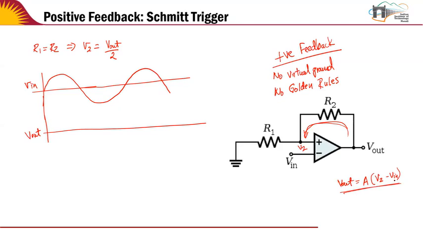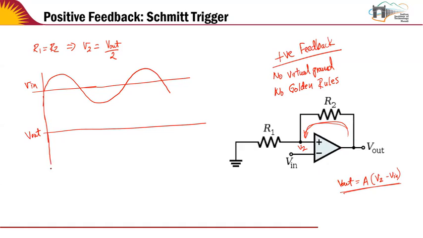If Vn is a negative number, then minus of minus becomes plus, so this becomes a positive number. Vout goes to a positive number, and that positive feedback goes to V2 as Vout by 2, so this whole thing goes to a positive saturation.